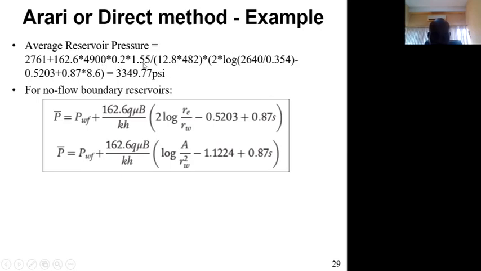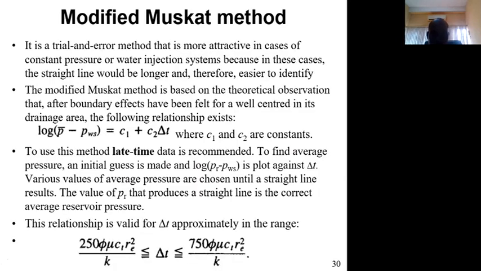This is viscosity, formation volume factor, permeability as obtained, the thickness, and this is reservoir extent, and then by substitution, this gives us 3349.77 psi, and you see that without the use of graphs, one gets something which is quite close. I think this is a little higher, but still close to what we've obtained.